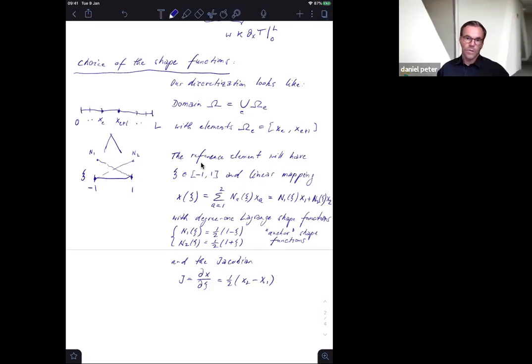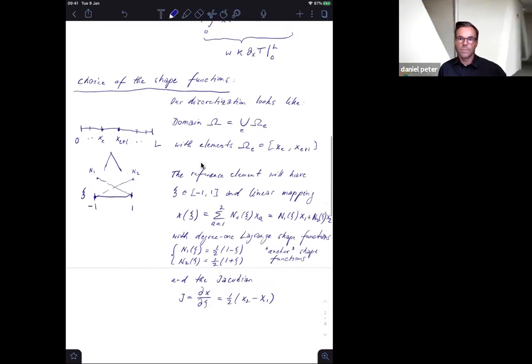Good. So this should all look familiar so far from the finite element method.